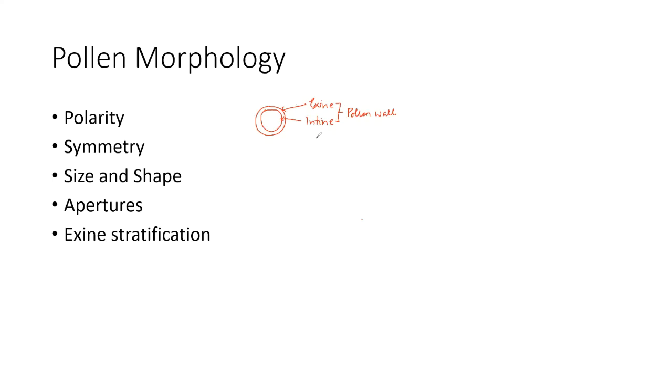As far as the chemical composition is concerned, we know that the exine is made up of sporopollenin, whereas intine is made up of cellulose and pectin.